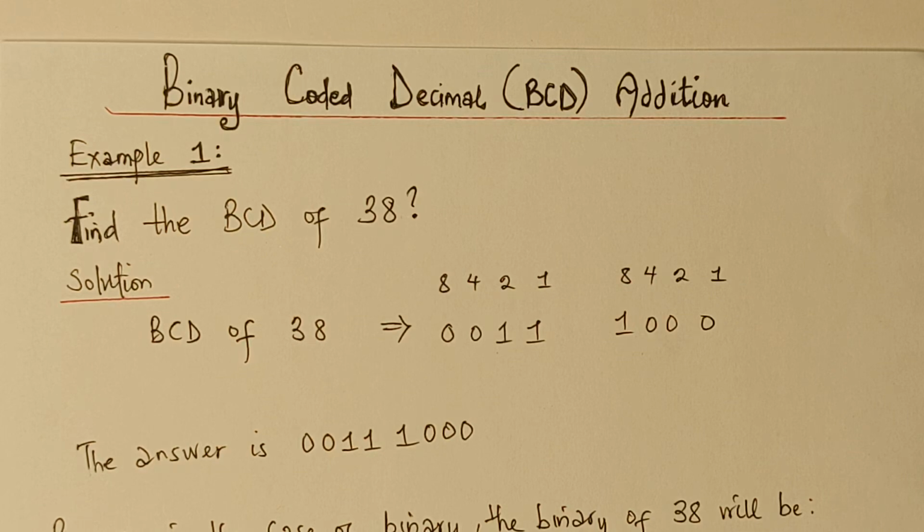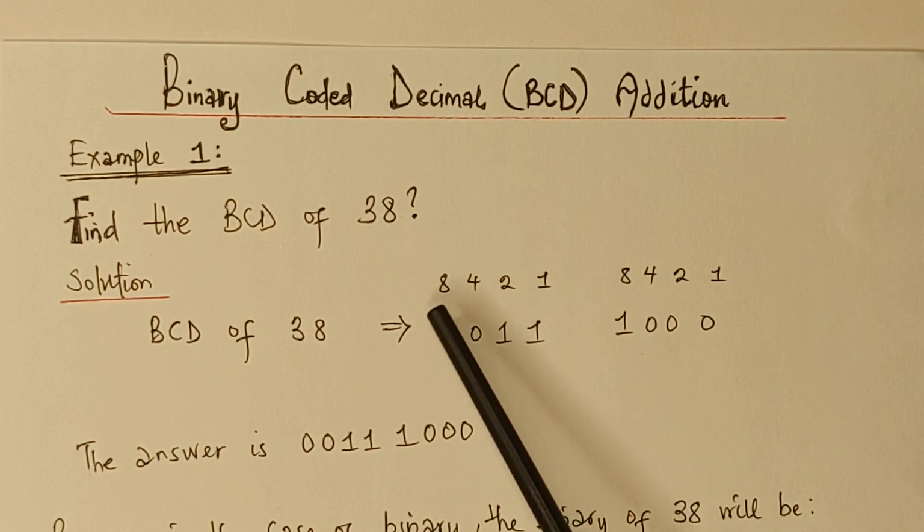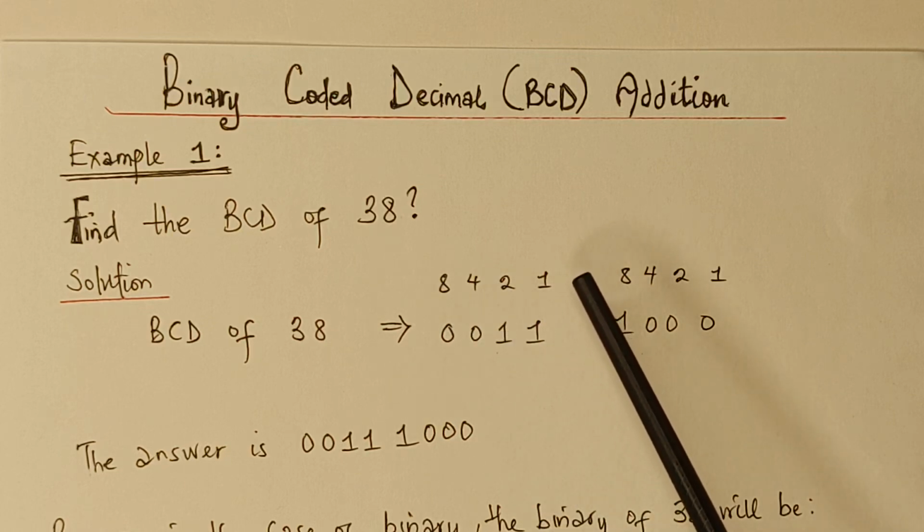So in that way, we will go with the place values where we'll have 2 raised to power 0 represented as 1, 2 raised to power 1 represented as 2, 2 raised to power 2 represented as 4, and 2 raised to power 3 represented as 8. So this forms our 4-digit bit display.